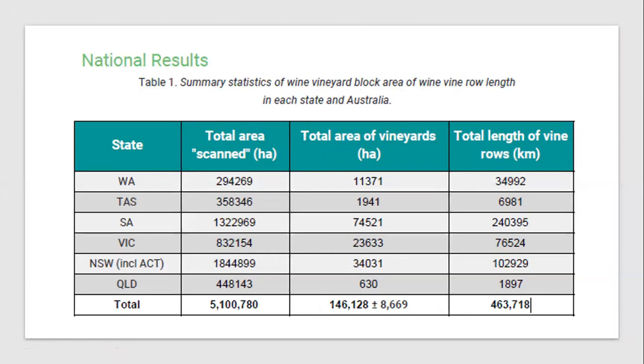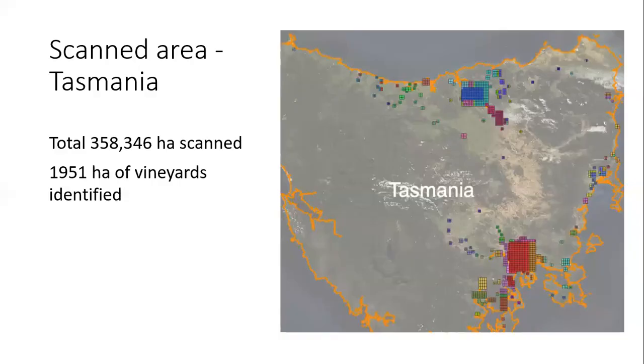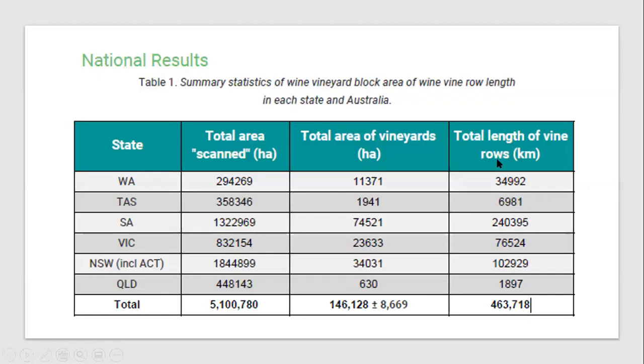So this is the total area scanned, and I'm sorry, I should have mentioned this report is on our website. In fact, there are two reports. There's a summary report, and then there's a full report which goes into full detail about the methodology. It documents all the scanned areas like this that show you the areas of interest, as well as the statistics and the methods of quality assurance that are used.